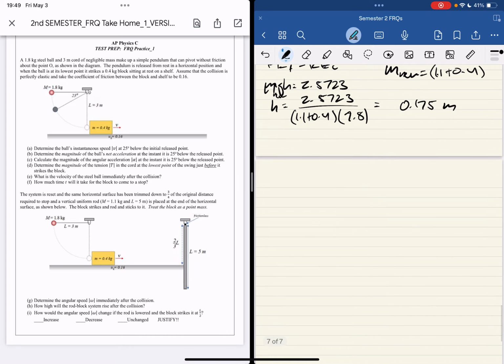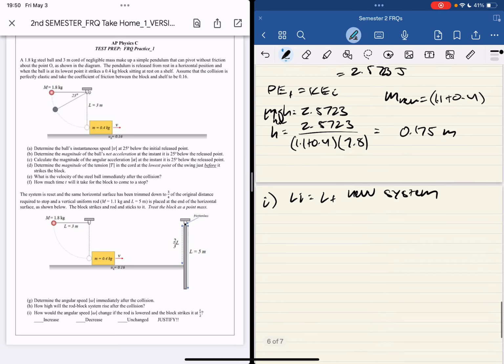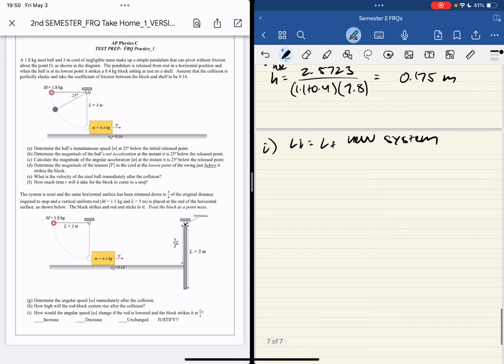Okay, now we're on the last one. Here I can just set up angular momentum, Li equals Lf, for the new system, where r is going to be L over 2 instead of 2/3 L when it collides.